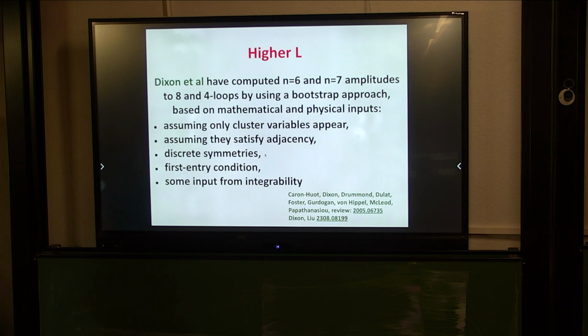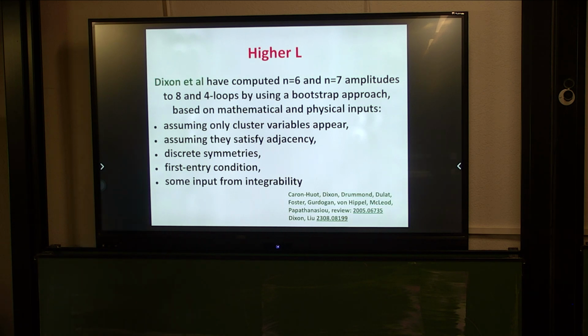Okay, 2 slides on high L and N. Now that's a very nice example, but it's been around for over 10 years. So what's up here? Based on the fact that only cluster variables appear for 6 and 7 points, Dixon and collaborators, and this involves also significantly James and Omer, and I refer you to this nice review, were able to compute to higher loops.